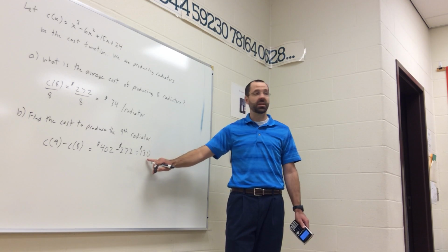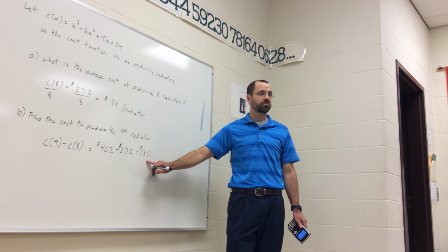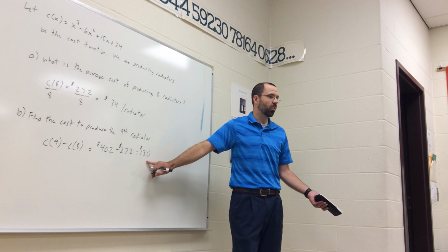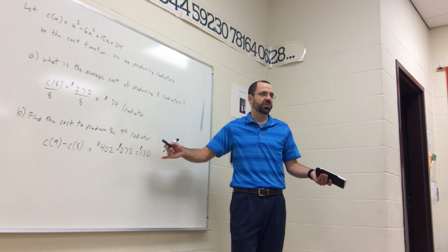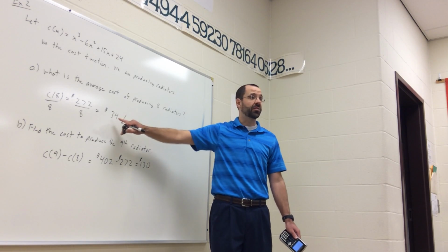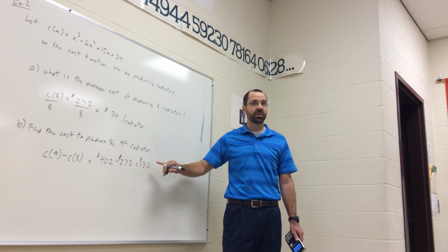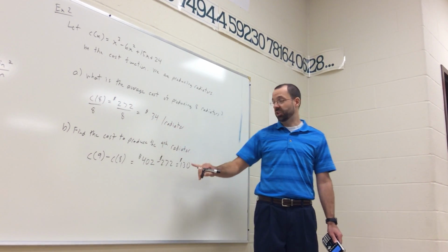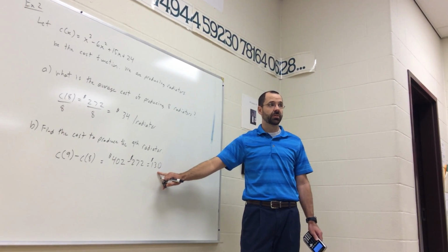So maybe that's why the 9th one is costing so much. Could be that you need a second employee for 9, as opposed to you only needed 1 employee for 8. That's just one possible scenario. So as you can see, it's costing different amounts to make different radiators. The first 8 were only costing $34 per radiator, but number 9 is $130.